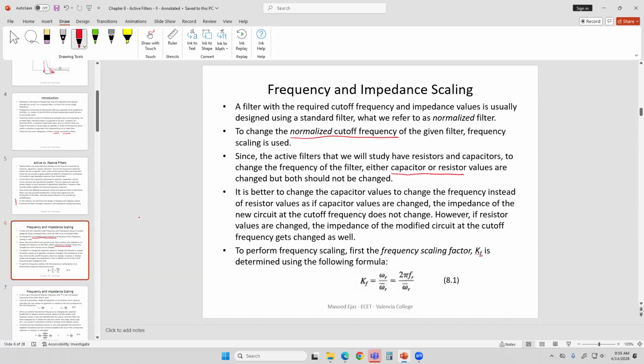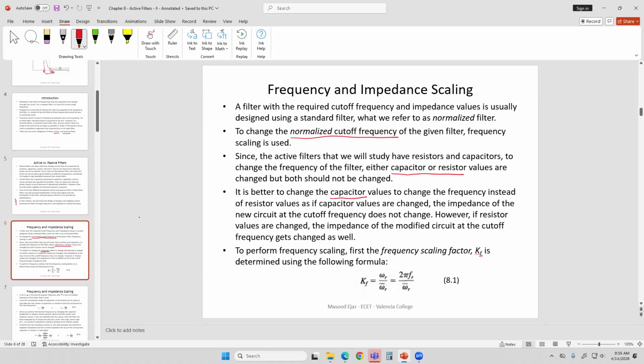Generally, as I said, it's better to choose the capacitor values because capacitor values are selected values that we have in our kits. Resistors, we can have many values. Generally, we choose capacitor values and then we calculate the resistor values for our design.